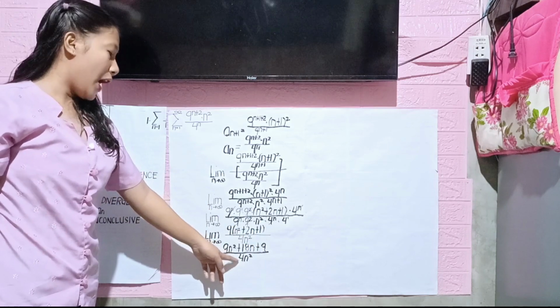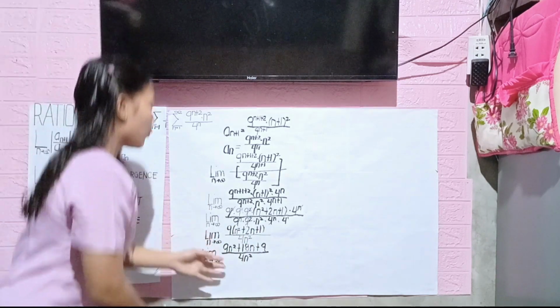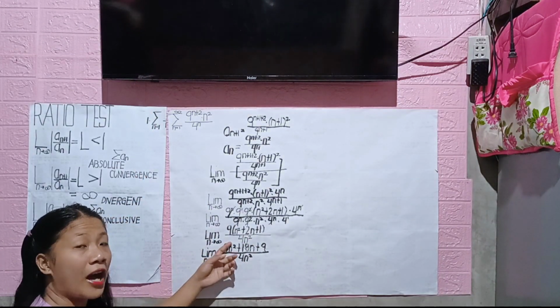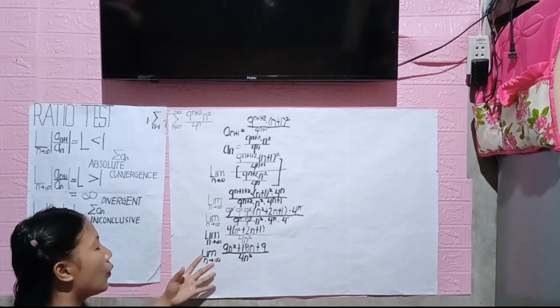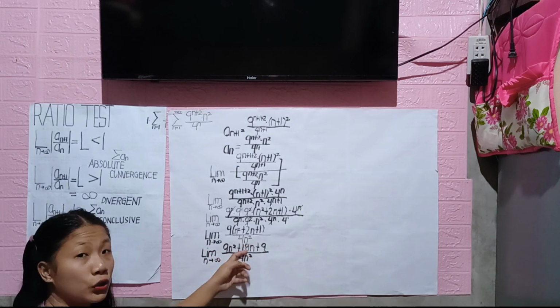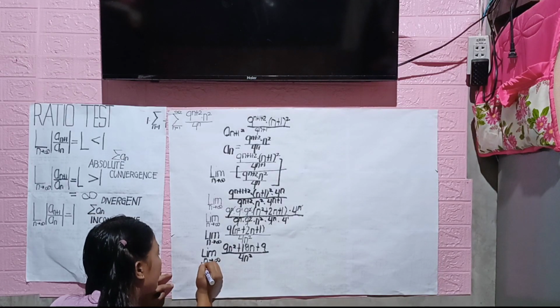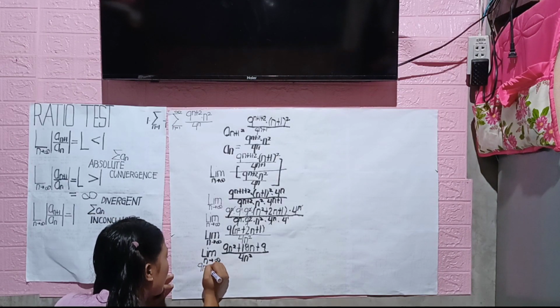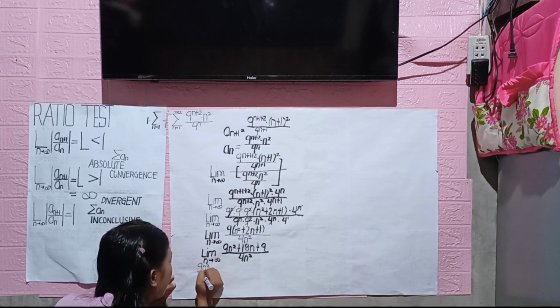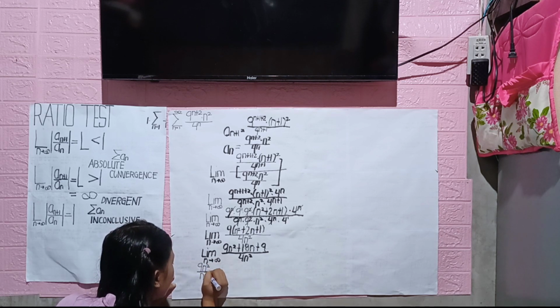by 4n squared. So, we will see here that n squared has the biggest exponent. So, we are going to divide this all by n squared. So, 9n squared divided by n squared.